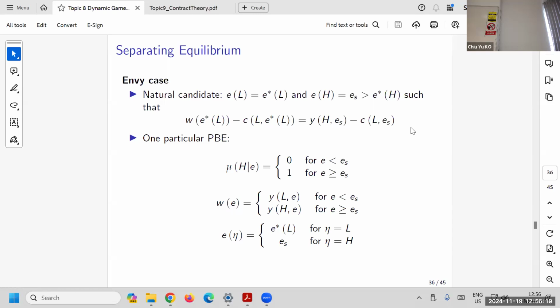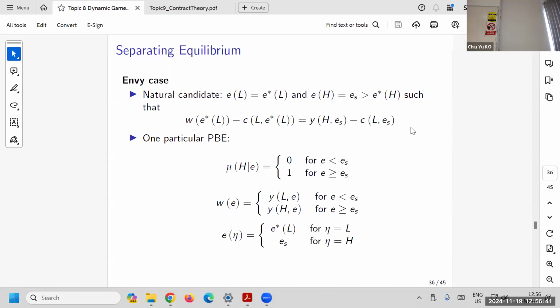Or in audit of finance, the bad firm can easily pretend to be a good firm. Then the good firm will have to spend extra effort to signal they're a good firm. That's why a lot of firms spend a lot of money on advertising. It's the same idea.